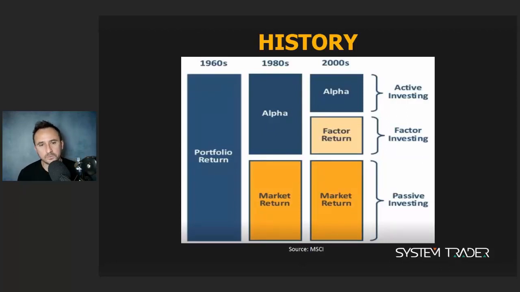And if someone was able to get a bigger return than the market return, then we were saying that someone is first actively investing, and second is delivering alpha, is just performing better than the market.